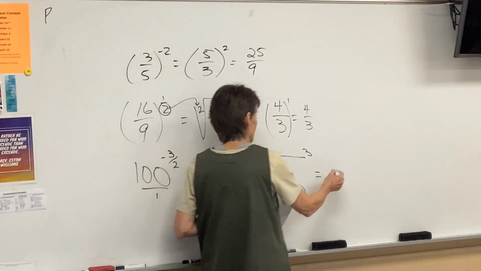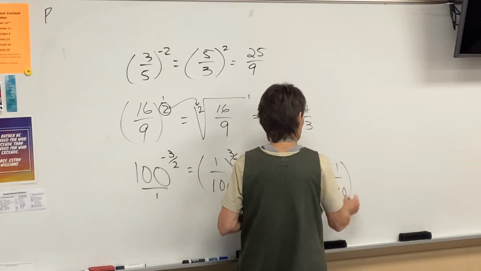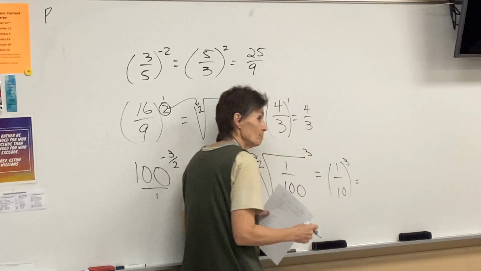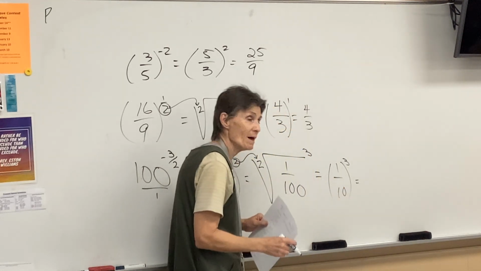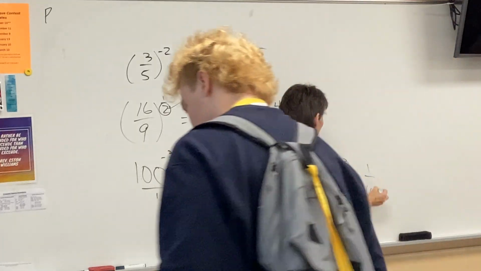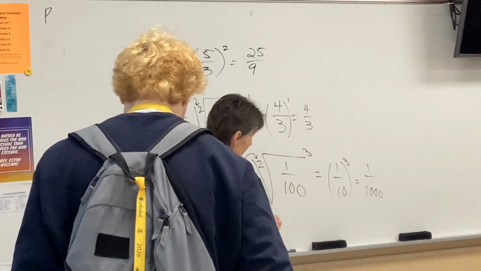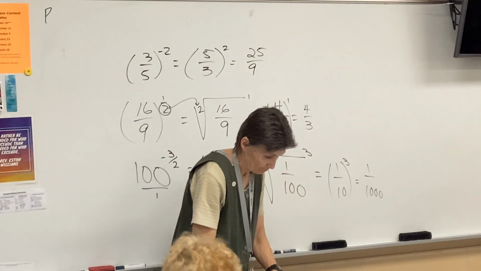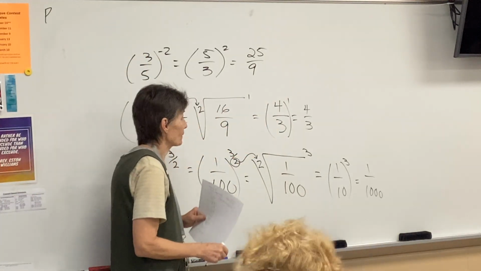And then I'm gonna cube that. 1 cubed is 1. Remember, 1 stays 1. So the answer is 1/1000. Yeah, 1/1000. Okay?